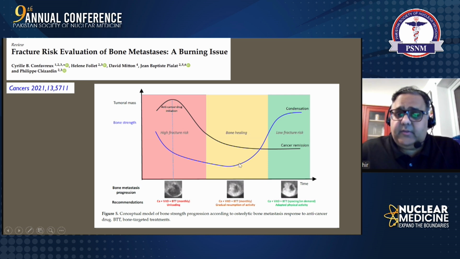Then there is healing of the bone, and eventually when the cancer is in remission, there's condensation, and the risk of fracture decreases. At the bottom, they've shown images of a patient treated with calcium, vitamin D, and bone-targeted treatment options. The sclerotic response, as we saw in the previous lesion, actually shows the strengthening of the bone, and then if there's some disease left, that would come back as a destructive lesion later on.